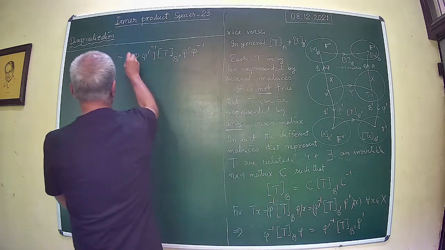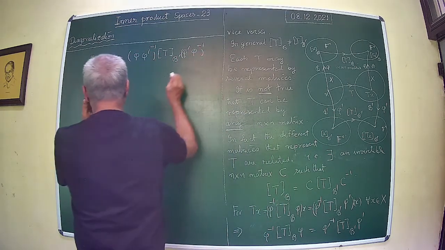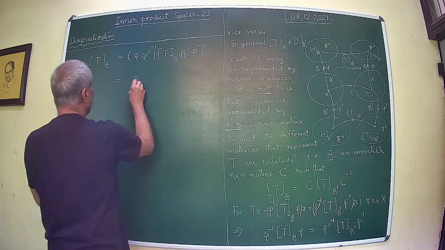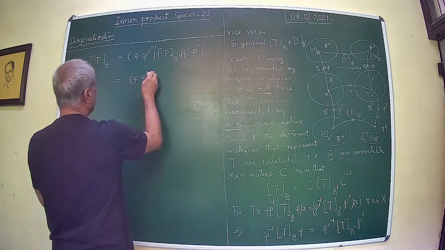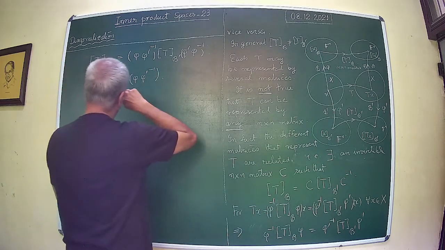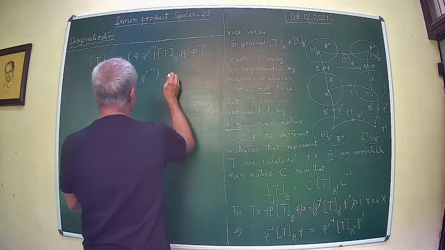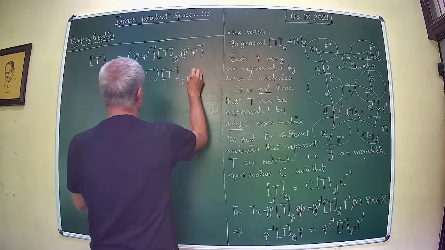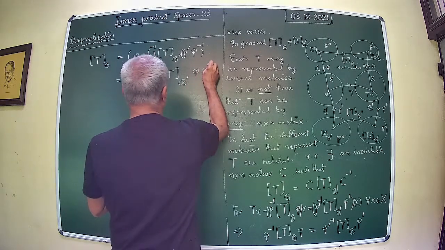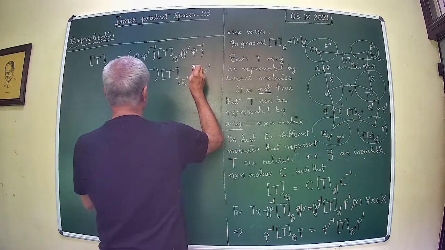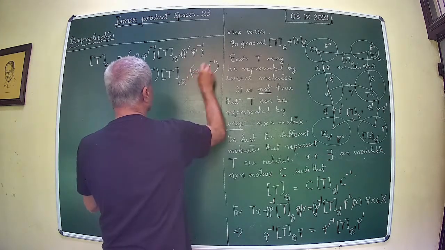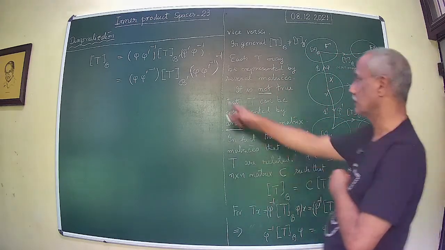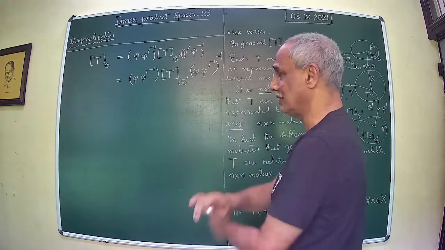Now this you can put in the bracket. Now you see this can be written as phi prime inverse. So you get phi prime, phi inverse when you work this, because they interchange.